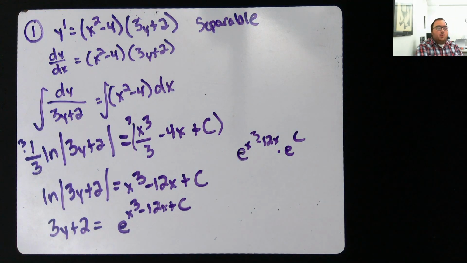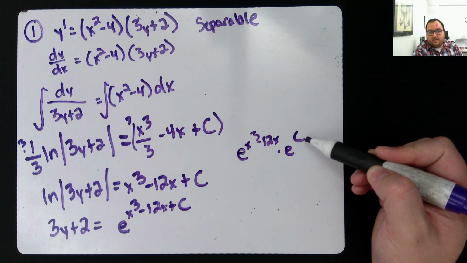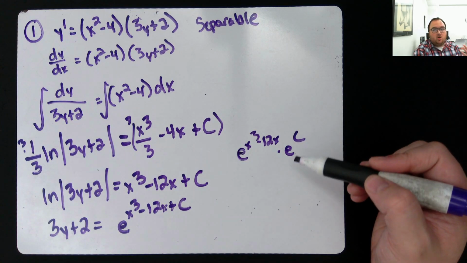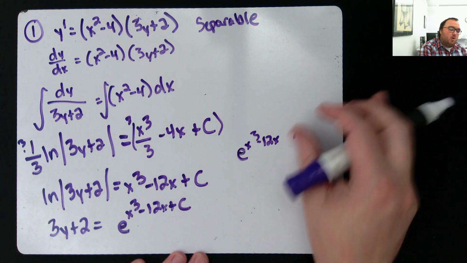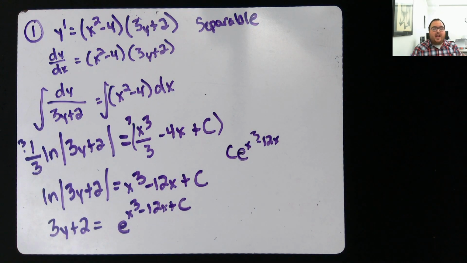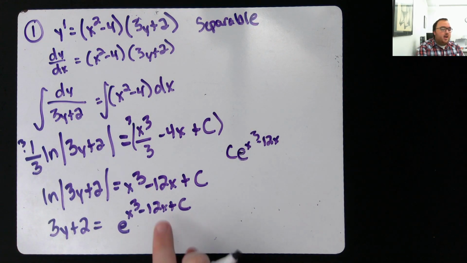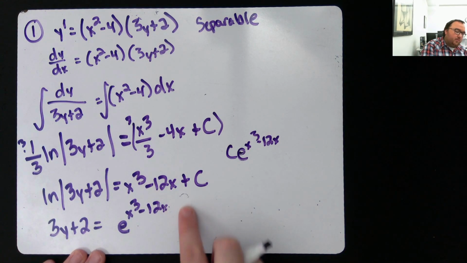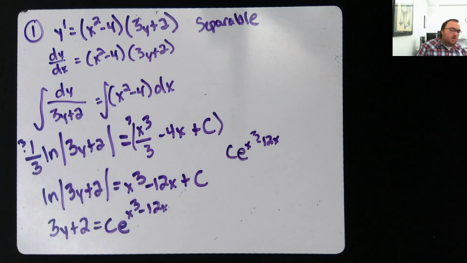Well, e to a constant is just a constant, so that's like multiplying that by c. So that's the notation we are going to use here. If I have a plus c in the power, I can actually bring it out front and do times c. So that's what we are going to do.